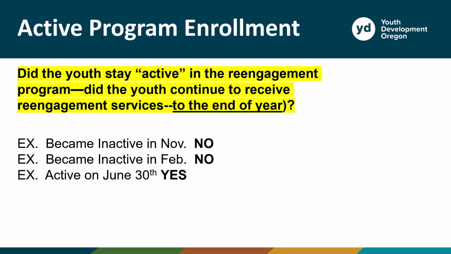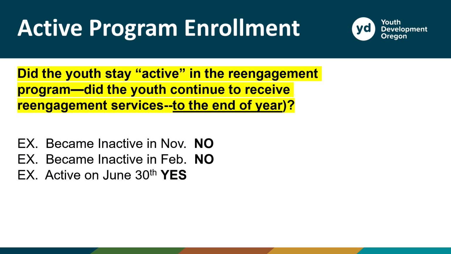Next, we have active program enrollment. This is asking, did the youth stay active in the re-engagement program? So did they continue to receive re-engagement services until the end of the year? So again, this is not asking anything about attendance. This is asking if they're receiving re-engagement services, if they're active in YDD funded re-engagement services.